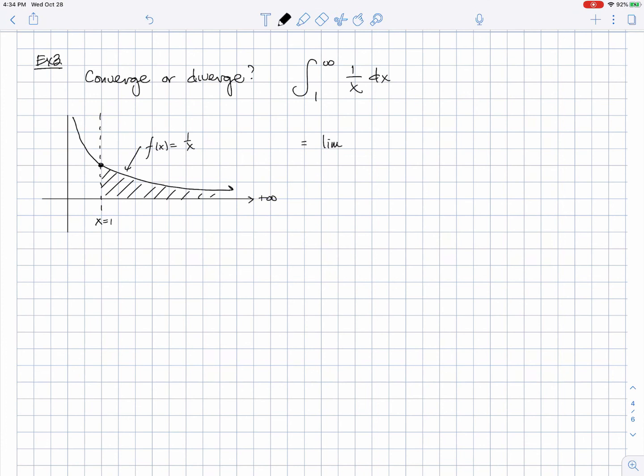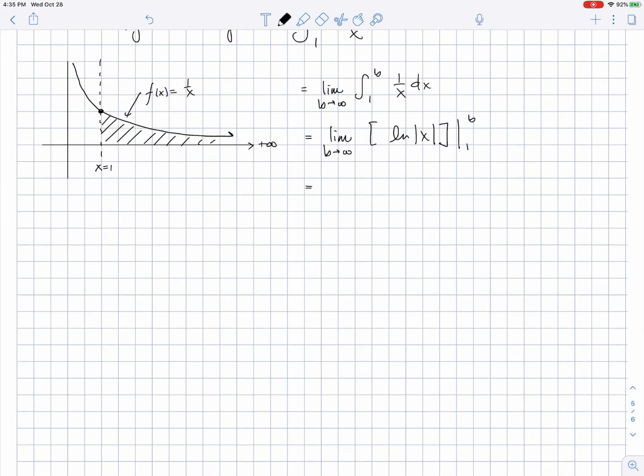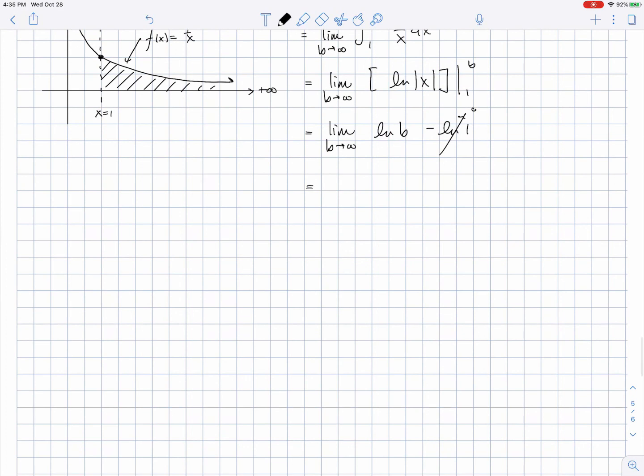This is equal to the limit as b approaches infinity of the integral from 1 to b of 1 over x dx, which is equal to the limit as b approaches infinity of the natural log of the absolute value of x evaluated from 1 to b, which is equal to the limit as b approaches infinity of the natural log of b minus the natural log of 1, but the natural log of 1 is 0, and this is equal to the natural log of infinity.